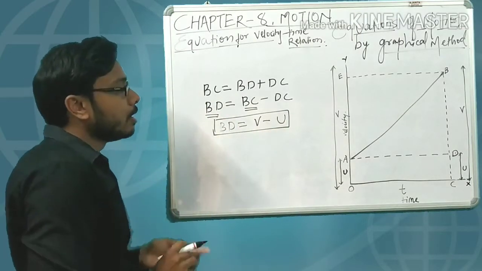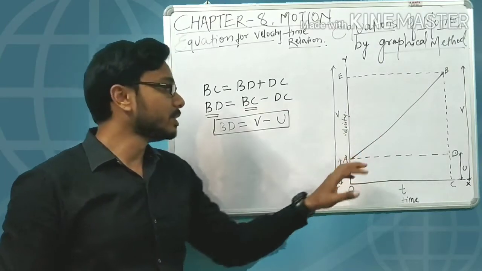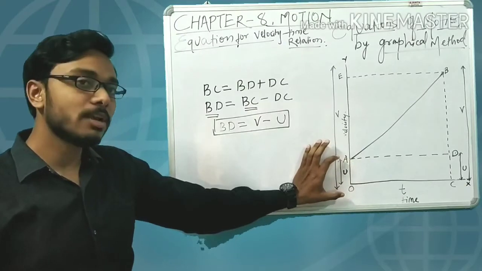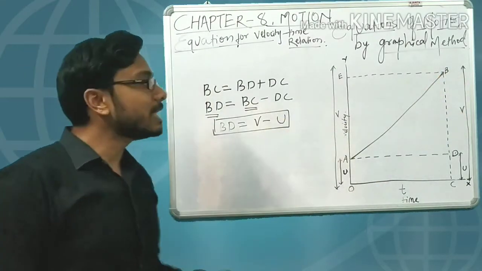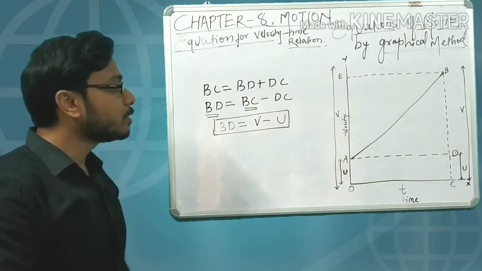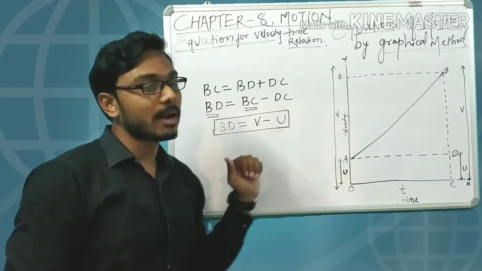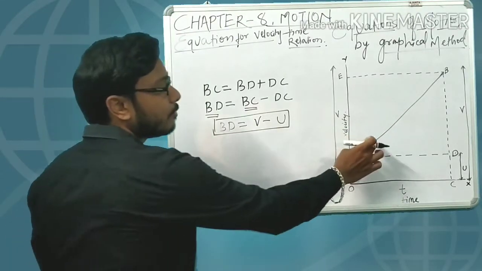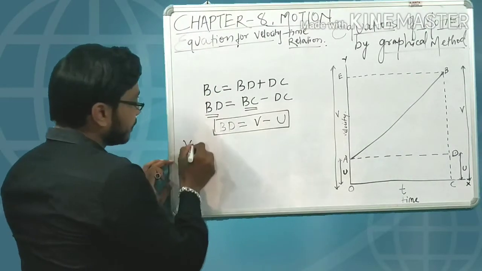Correct. Now in this graph, we have to talk about the acceleration. Now let us say that this body is starting from an initial velocity and traveling till point B, which is having a final velocity. So here we have to find the slope in this velocity time graph for finding the acceleration. So for finding the acceleration, we have to find the slope of A and B in the velocity time graph.